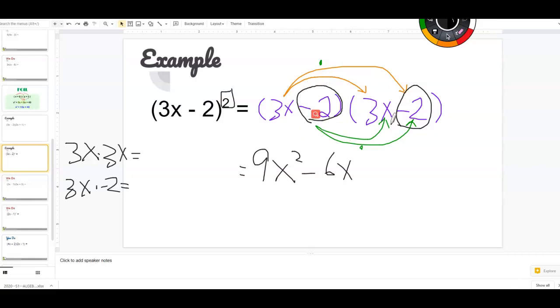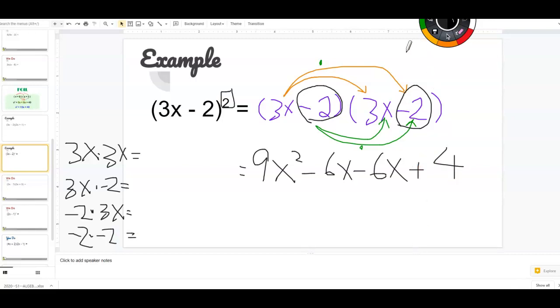Okay, so it's -2 times 3x. Number part, -2 times 3, -6. X part, you only have one x. Finally, -2 times -2. Don't forget the sign. Number part, -2 times -2 is +4.